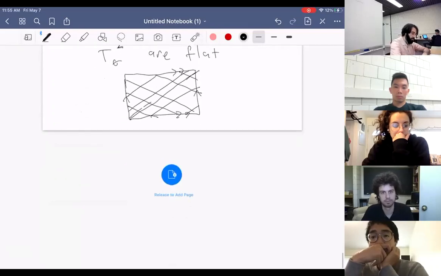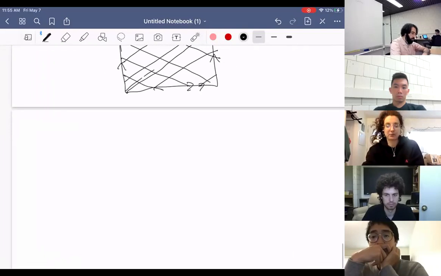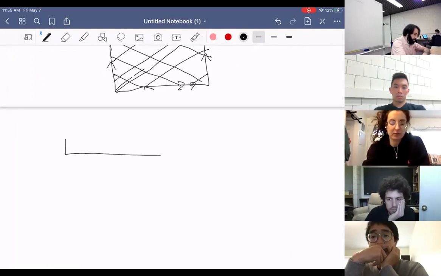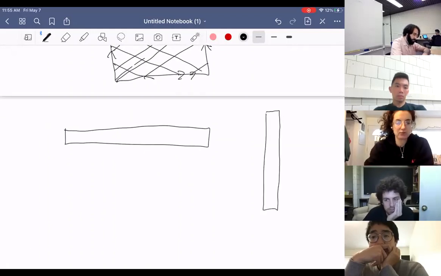And all of these are straight lines or geodesics. Now, some of these tori are going to be really long and skinny, or short and fat, and some of them are going to be tall and skinny.